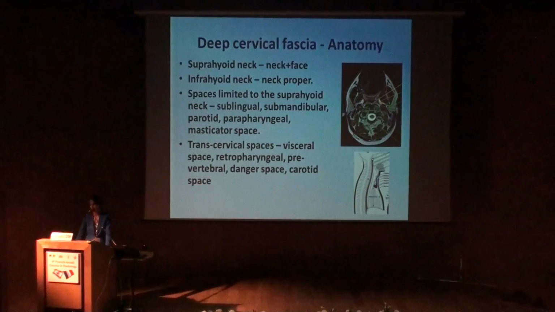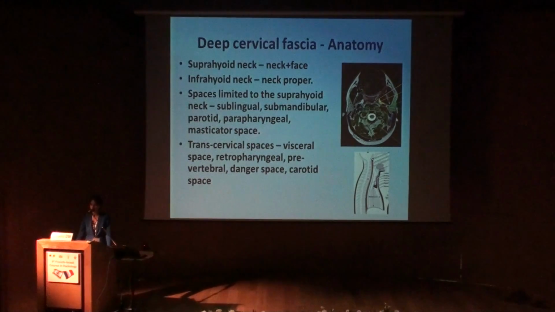So what are the spaces? First of all, you should know that we divide the neck into suprahyoid, above the hyoid bone, which is basically neck and face, where all the facial structures are, and the infrahyoid neck, which is the neck proper.